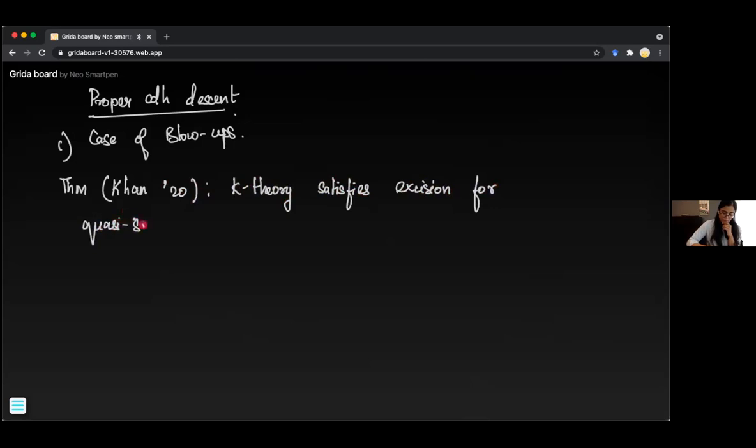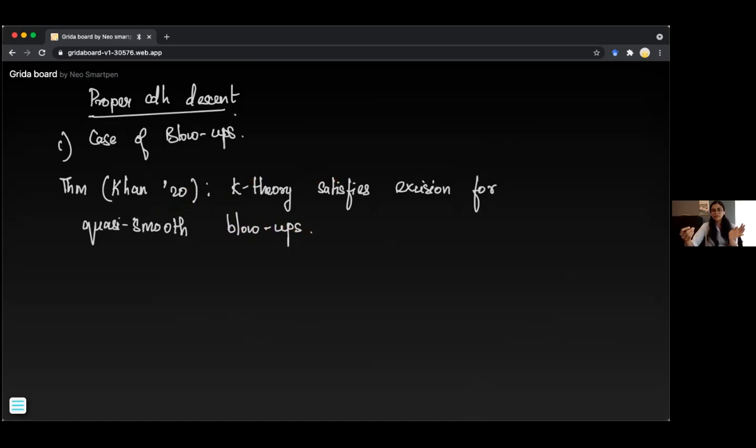So if you have an X which is derived and we use some quasi-smooth closed embedding inside it. Quasi-smooth closed embeddings are just locally the zero locus of some section of a vector bundle. And then for such squares, K-theory has excision. So for quasi-smooth blow-ups.